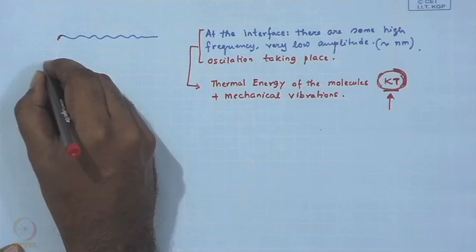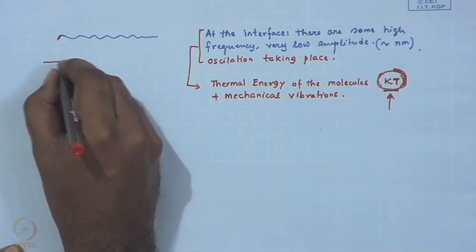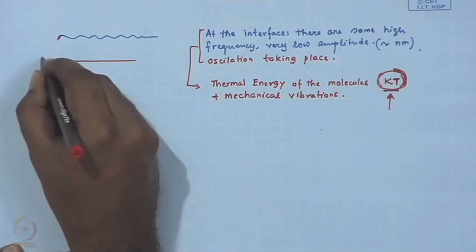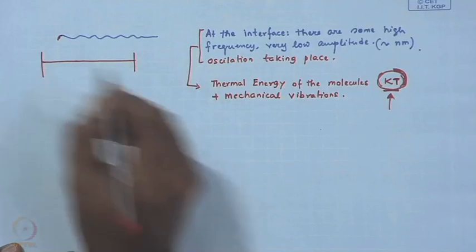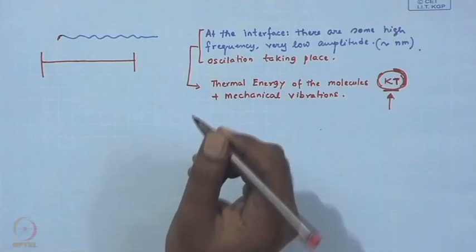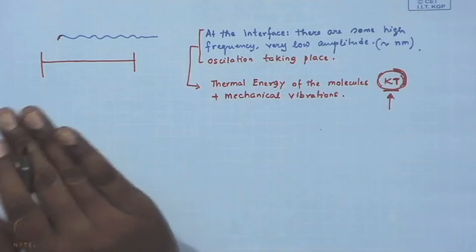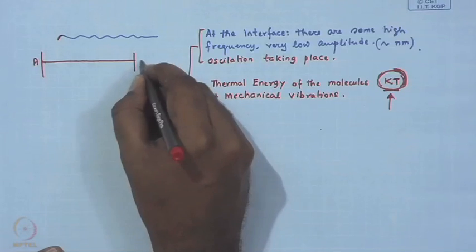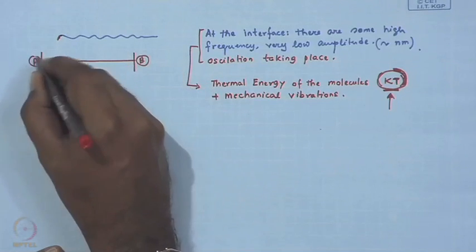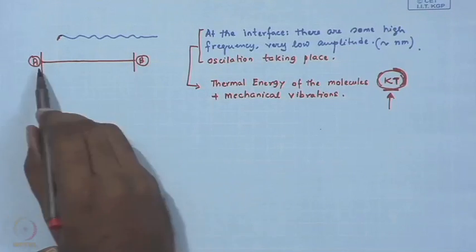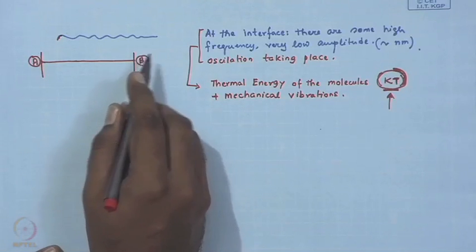Now, you need to understand that when you are talking about a flat surface, let us say between 2 points, the minimum surface energy configuration is the perfectly flat surface. If you have 2 points, let us say point A and point B, you know very well that the minimum distance is if you join them through a straight line.